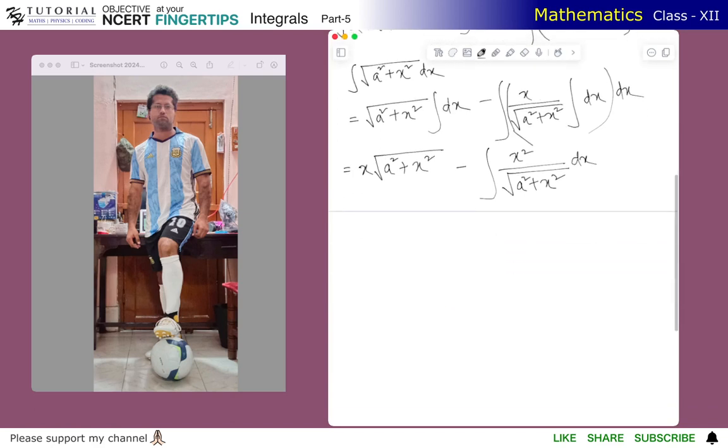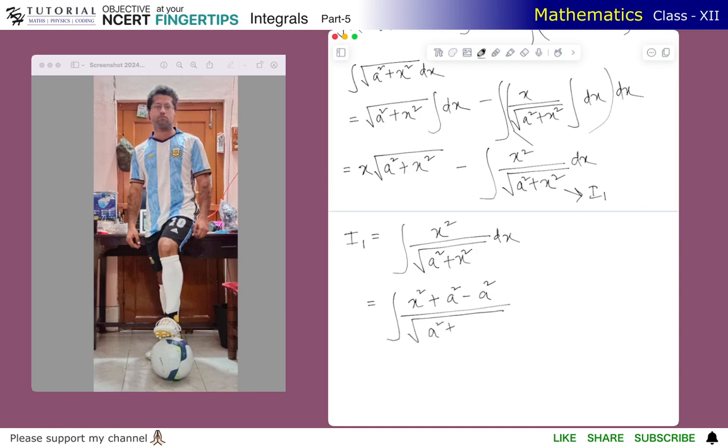Now we need to solve the second term. Let's call it I1. What is I1? I1 is the integral of x square by root over a square plus x square. In the numerator we can rewrite x square as x square plus a square minus a square, and in the denominator we have this.